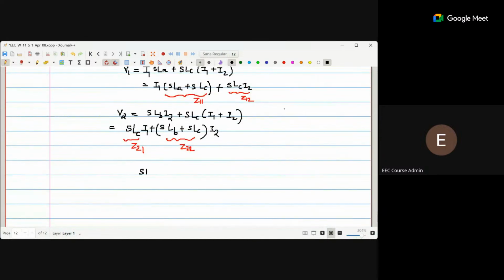So sL1 equals sLA plus LC. Similarly, j omega M, so sM, equals sLC. And you have sL2 equal to s into LB plus LC.